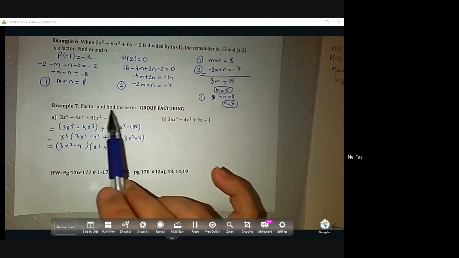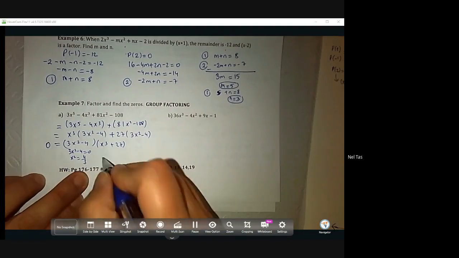And we are going to find the zeros from here. So you make this equal to 0. That gives you 3x squared minus 4 equals 0. That gives you x squared equals 4 over 3. Then you take the square root of both sides.